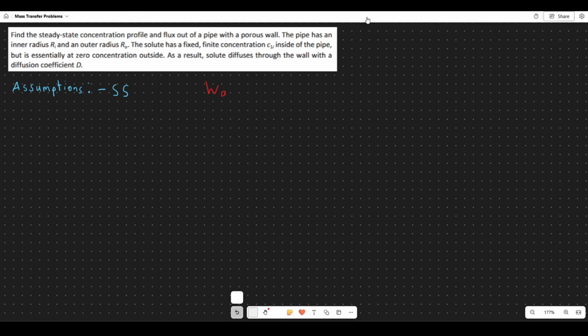This is our goal: calculate the concentration profile, and also the flux. So we want to know the concentration profile and the flux.